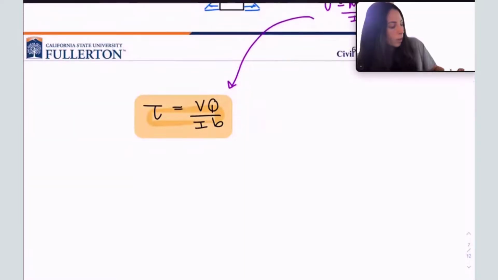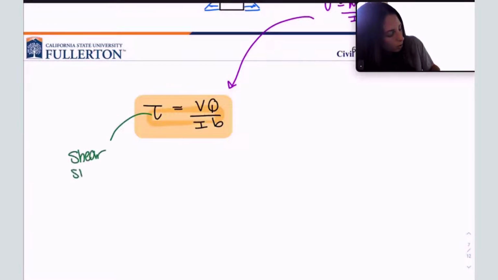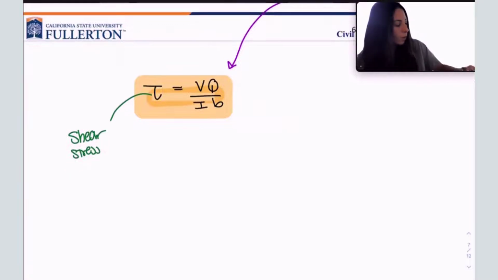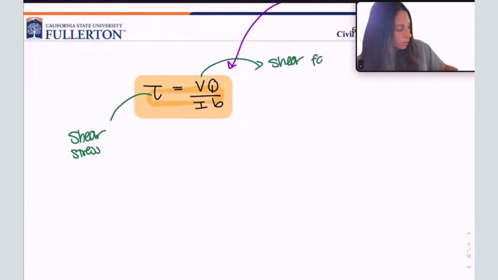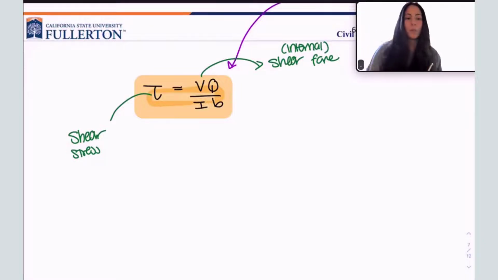So, what is tau? We know that is the shear stress. What is V? That is the shear force. Remember, that's the internal shear force. Stress is internal. We use internal forces to calculate it. Now, what is Q?